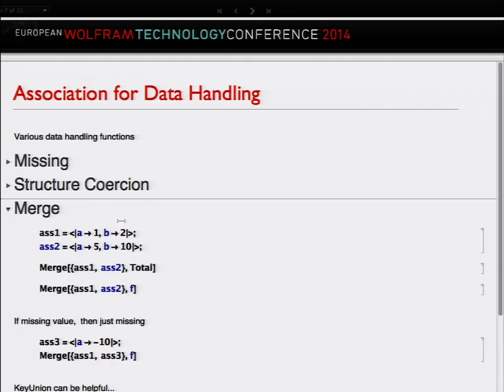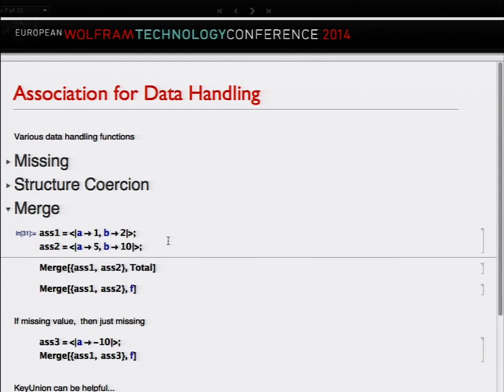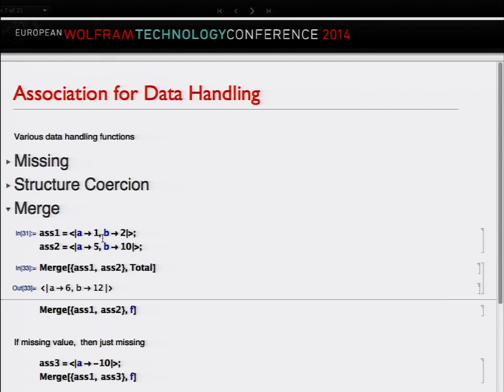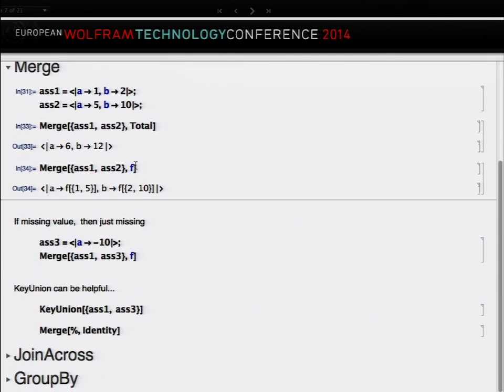Now, another useful feature is what we call merging. What merging does is take these two associations and match up the keys, applying a function to them. So basically what this is doing is adding the values of the same key. It's a bit more illustrative to give just an arbitrary function f, so that's going to wrap around the various parts.